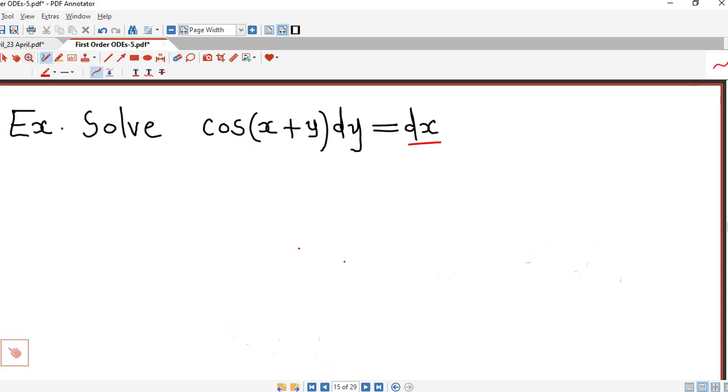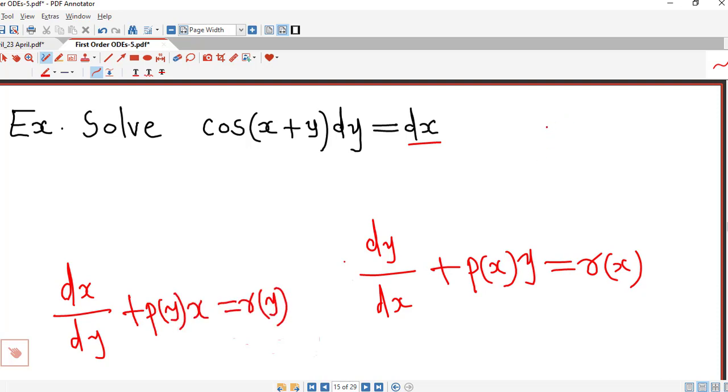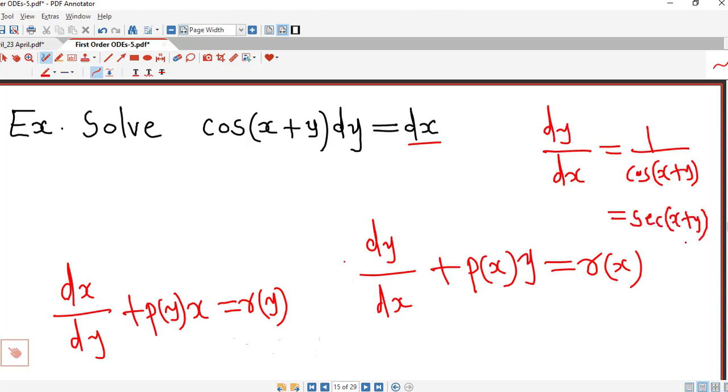so we cannot apply the method for solving separable differential equation. Now if you wish, you can check linearity. For linearity you have to check whether it is possible to write your equation in this form or in this form, dx by dy plus P(y) into x equal to R(y). If I find dy by dx here, I will have 1 over cosine of x plus y, that I can rewrite as sec of x plus y.